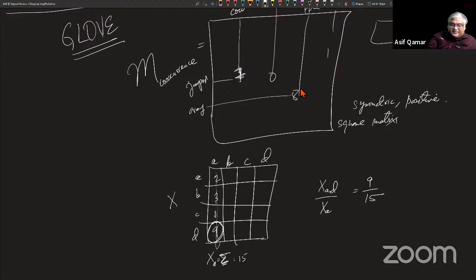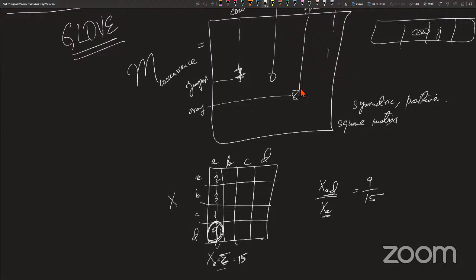Are we together, guys? Am I making sense about what X_AD is? It's how many times did I see A and D together? 9 times. And how many times does A occur in this vocabulary at all? 15 times. There are 15 occurrences spread over A, B, C, D. I hope I'm saying something very simple and obvious.